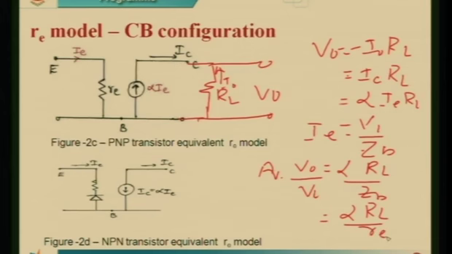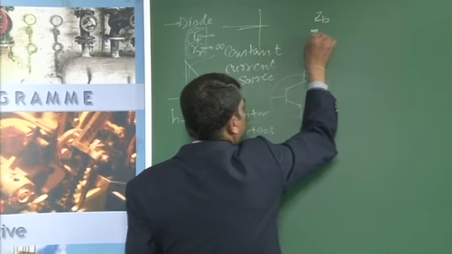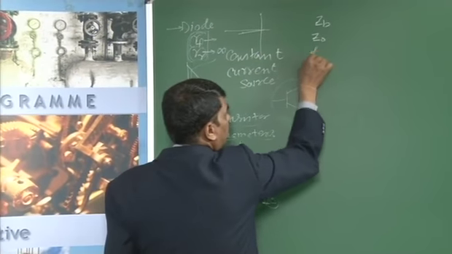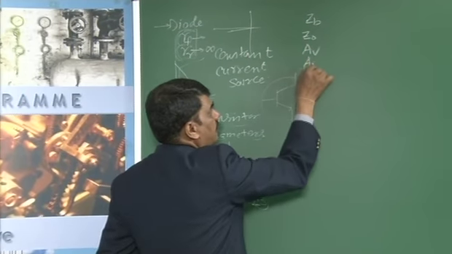These are the parameters you are going to measure or determine for any configuration. In general, for a common base configuration, we determine these parameters. For any other configuration also, we calculate the input impedance with biasing, the output impedance Zo, the voltage gain AV and the current gain AI.